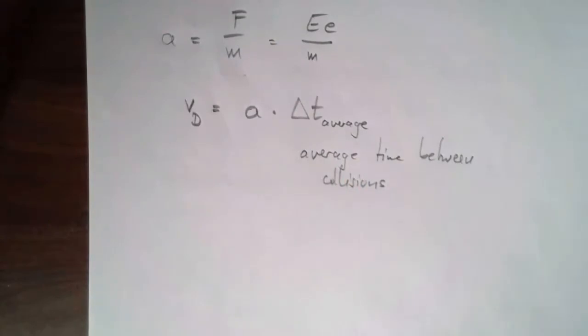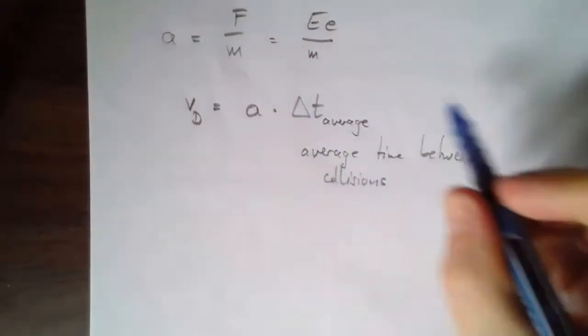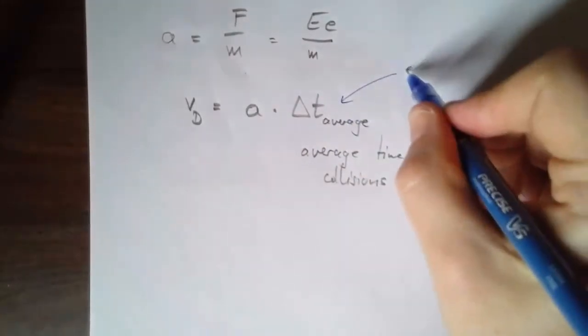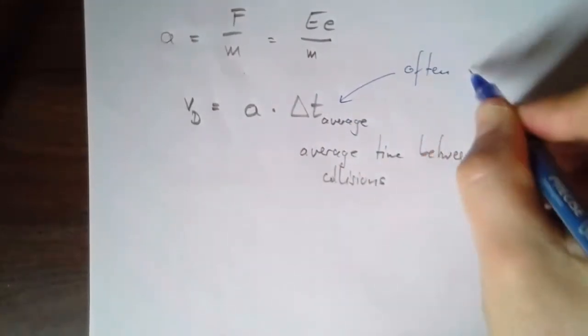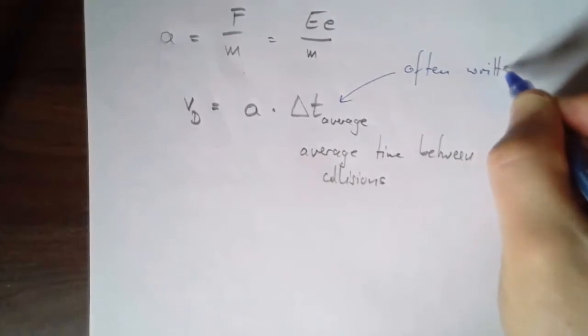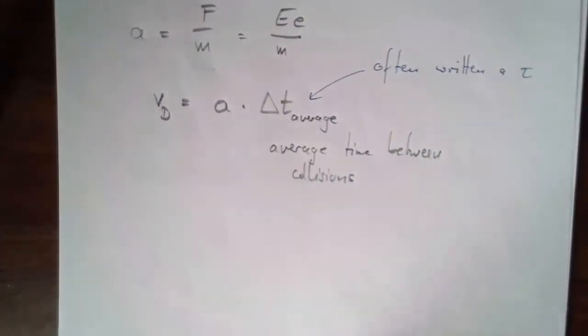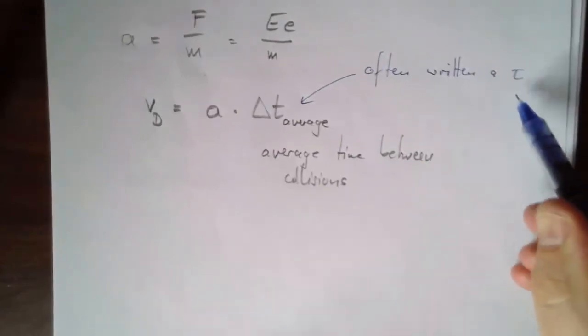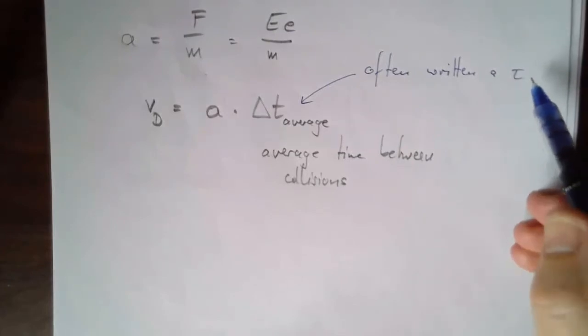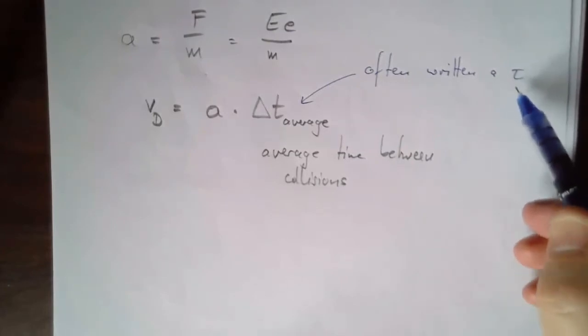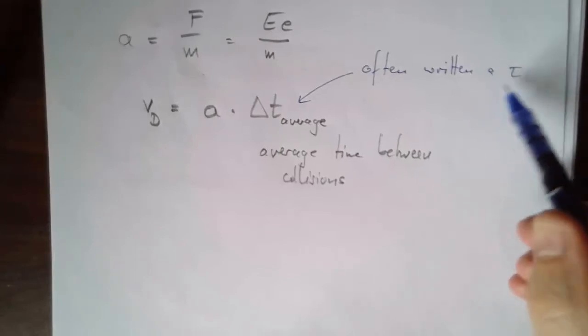By the way, this average, this delta T average, is often written as tau, which is of course a little bit annoying because we've recently used tau as the time constant in RC circuits, but this is a completely different use.